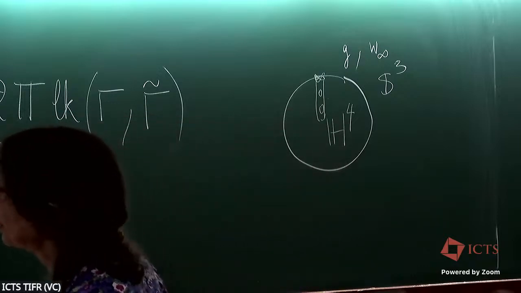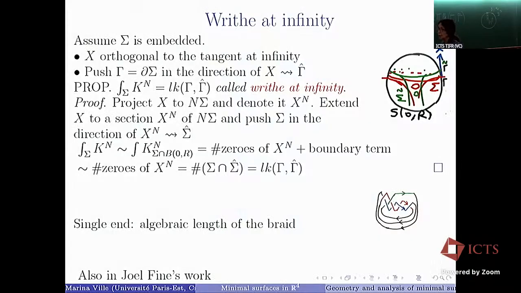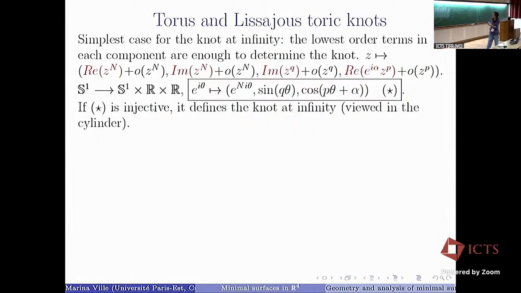Right, so now the question: which knots do we get? I'm not going to get into that. I just want to show you one kind of knot which appears in these knots at infinity. So we have the end, and the components are harmonic functions.